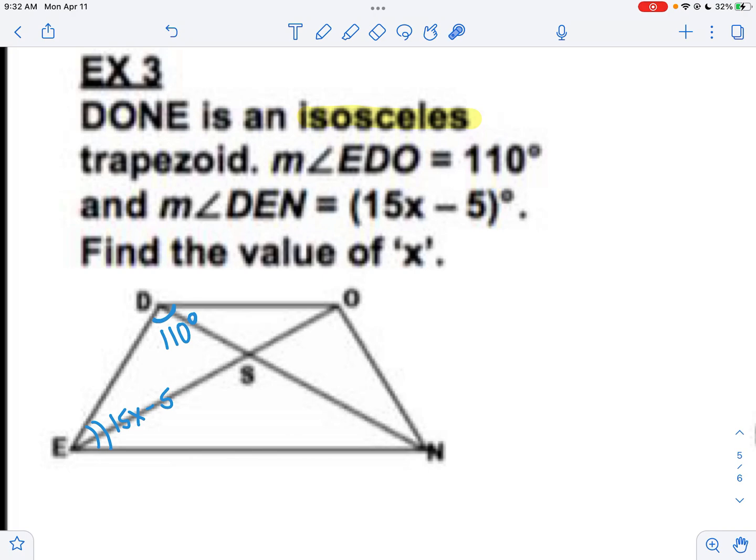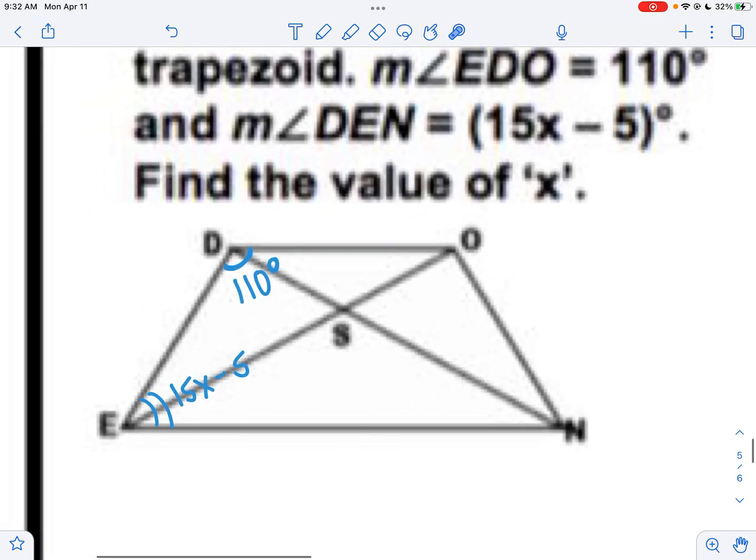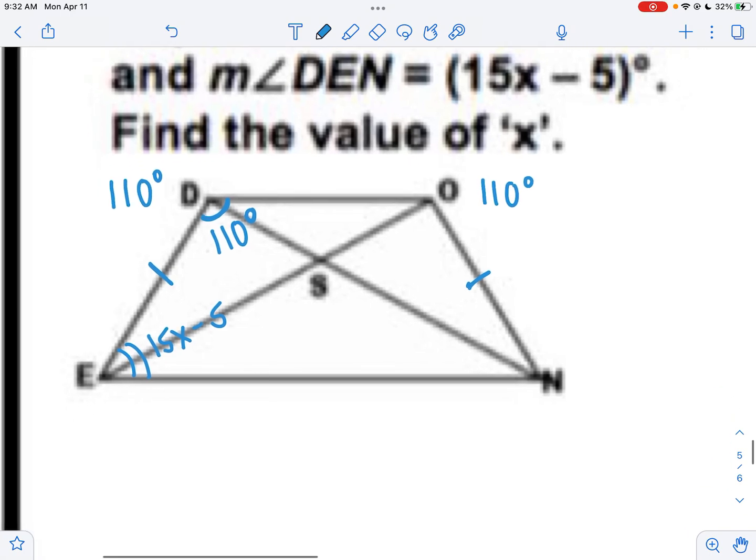Now, because this is isosceles, I can find a lot of values here. If angle D is 110 and this is isosceles, there's another angle that's 110, and that would be angle O. So angle D would be 110, angle O would be 110. And then to find these ones down here, I have a few options.